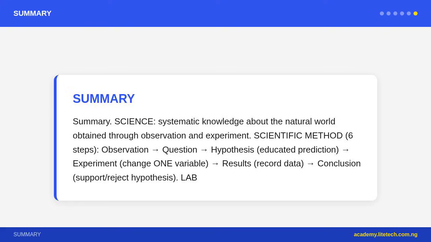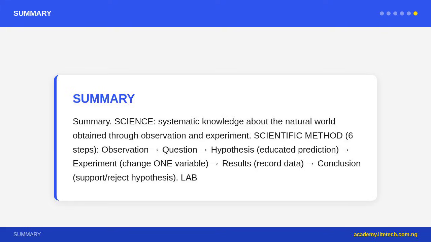Summary. Science: systematic knowledge about the natural world obtained through observation and experiment. Scientific method, 6 steps: observation, question, hypothesis, an educated prediction, experiment, change one variable, results, record data, conclusion, support or reject the hypothesis.